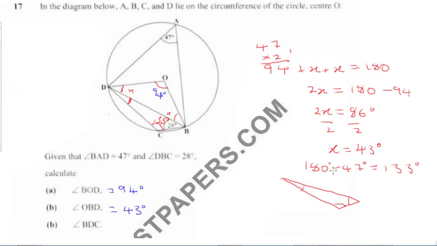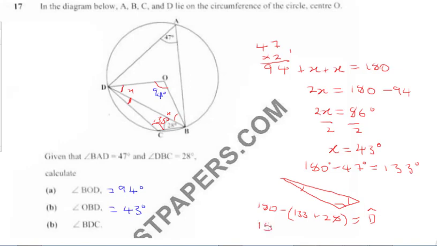We can find the angle at D by saying 180 minus (133 plus 28). 133 plus 28 gives us 161.